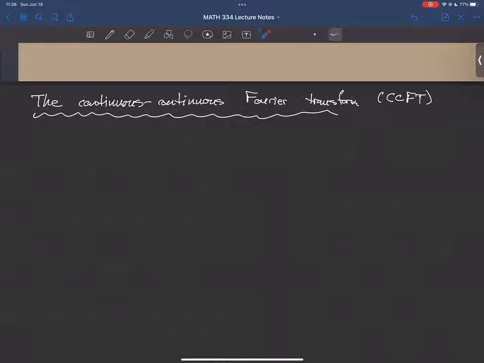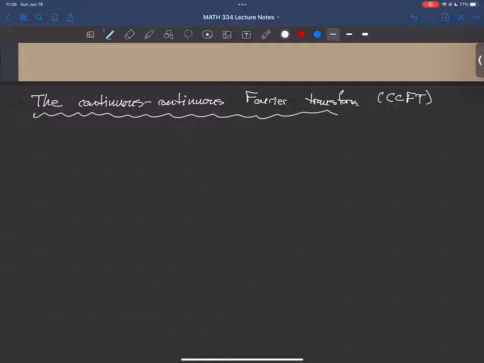So here we're not going to enforce periodicity in time. So that's why we have not a discrete set of frequencies. So we have aperiodic signals. And so we get the CCFT.